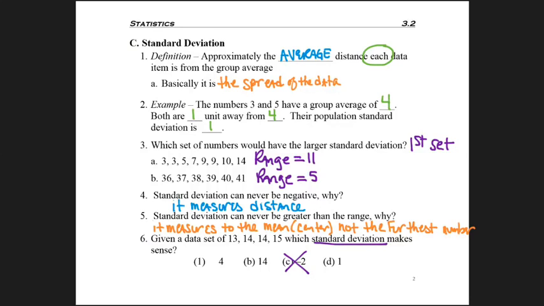So in this case, again, if we look at the range, 15 minus 13 gives us a range of 2, and we just mentioned the standard deviation would never be bigger than the range, so never in this case bigger than 2. So we get to knock 14 and 4 out. So a standard deviation of 1 is the most logical answer, and the true standard deviation in this case was 0.82. So we're actually much closer with number D, or letter D.